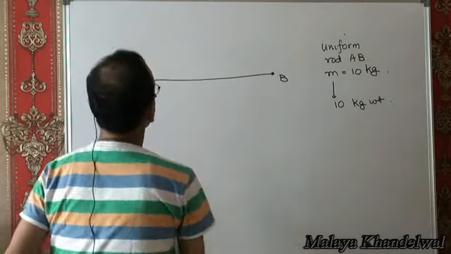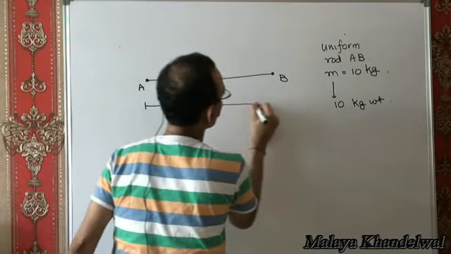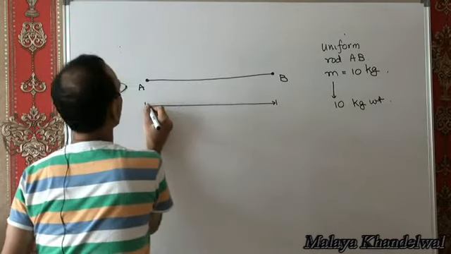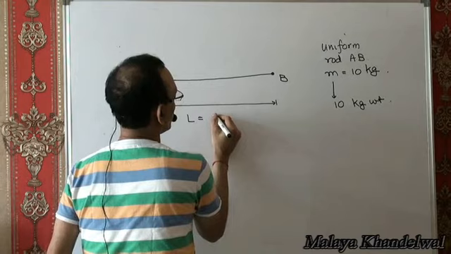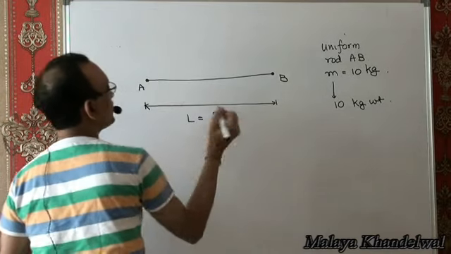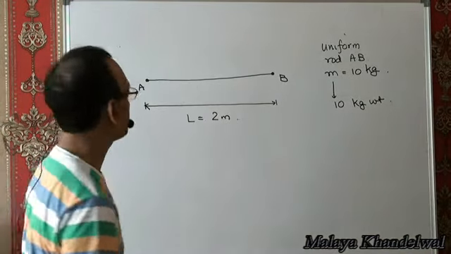Now, suppose the rod is of length L equal to 2 meters.